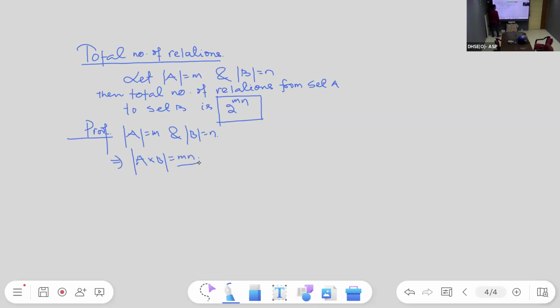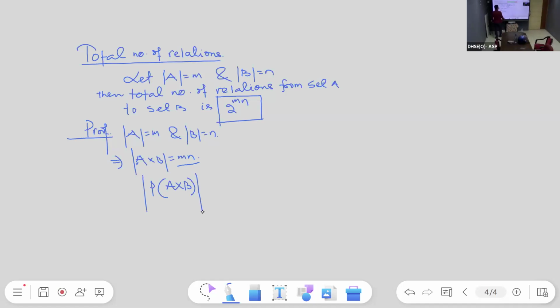In set theory, you know, if a set contains n elements, then the total number of subsets of that set is 2 to the power n. Here A cross B contains mn elements. The set of all possible subsets of a set is known as the power set.